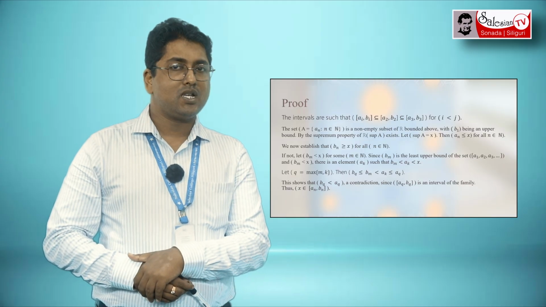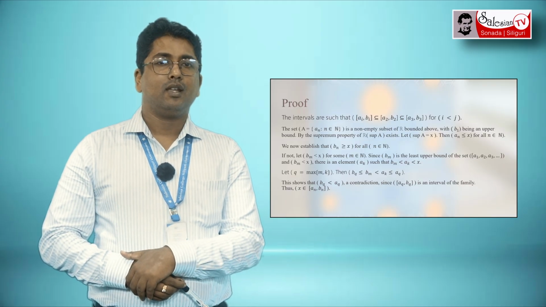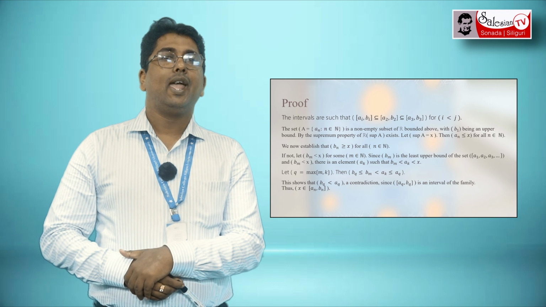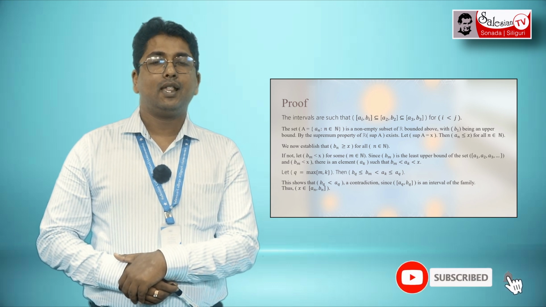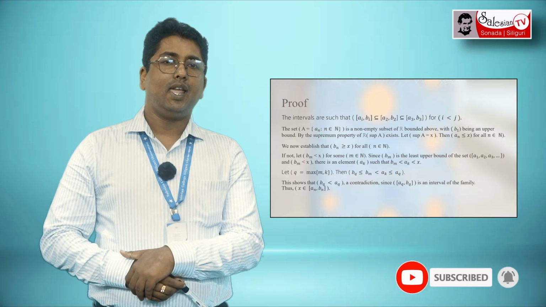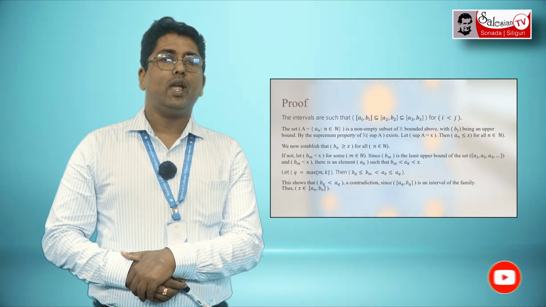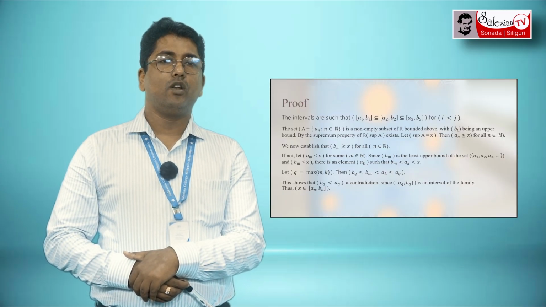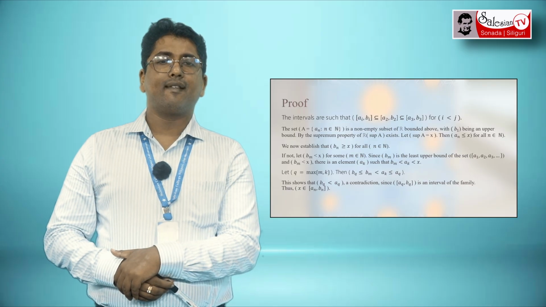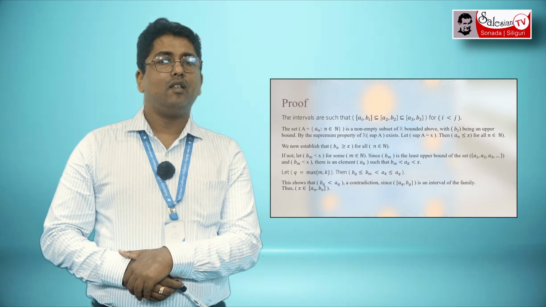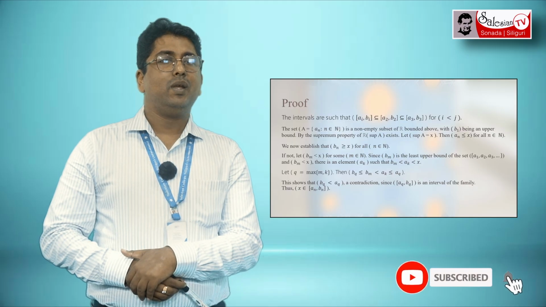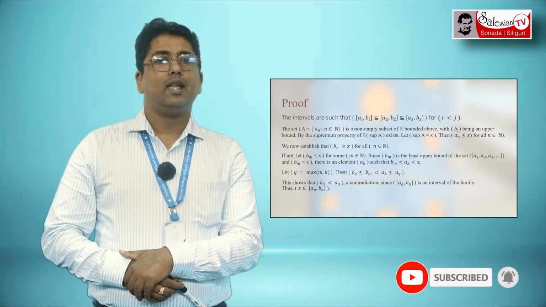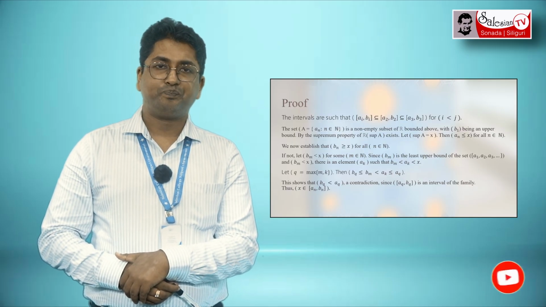Now, if the intervals look like this, then the elements of the intervals will form an inequality, and the inequality will look like a1 less than or equal to a2, a2 less than or equal to a3, a3 less than or equal to dot dot dot. In this way, the endpoint an will be less than or equal to bn, and the b's go b1, then b2, then b3, and it will continue.